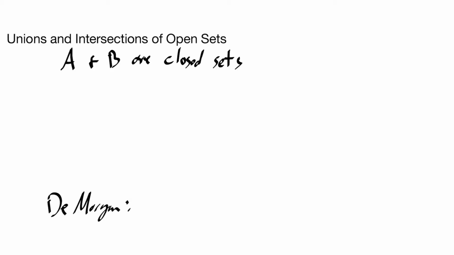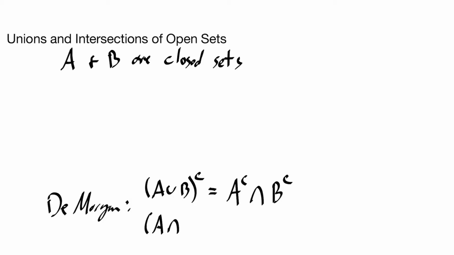De Morgan's theorem simply says that if you take the complement of the union of two sets, that is A complement intersect B complement. And similarly, the complement of the intersection is A complement union B complement. When we talk about closed sets, we'll talk about the complement of them. So because of De Morgan's laws, we see that the exact opposite rules apply as for open sets.